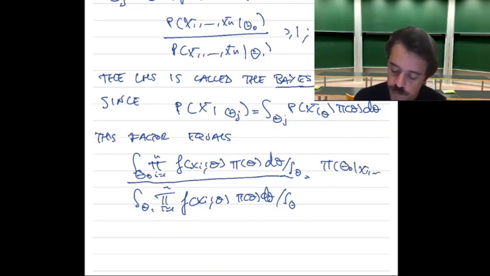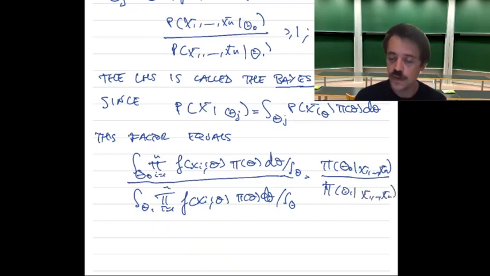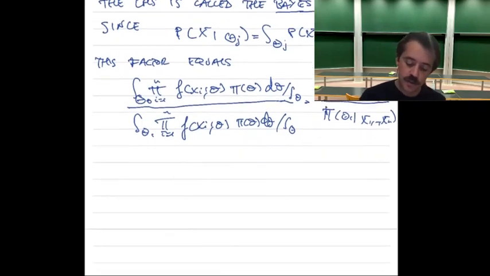And this is again something we sort of saw already in the first lecture on Bayesian methodology, right? So what do we conclude from this?